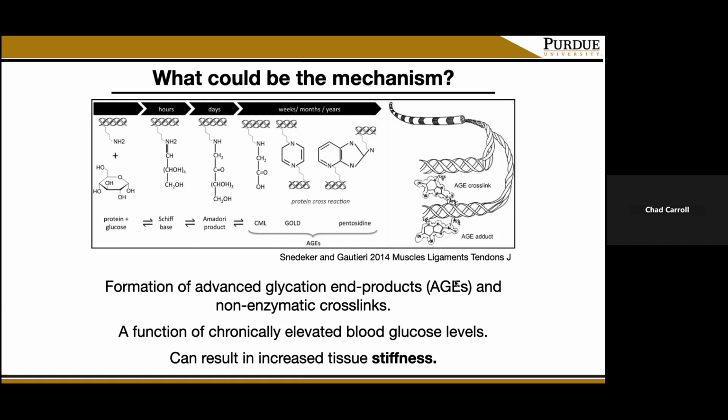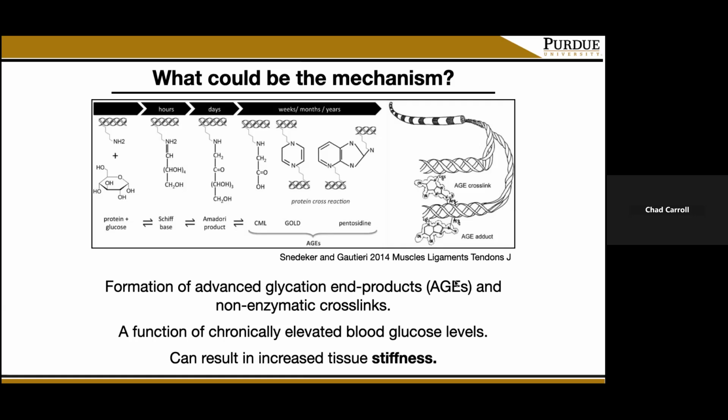But basically, chronic exposure of proteins to glucose in the body through hyperglycemia eventually causes those glucose molecules to react with the proteins, going through a series of reactions over hours, days, and years, ultimately leading to the formation of AGEs that can form cross-links with your collagen molecules, in addition to the enzymatic cross-linking we already have.